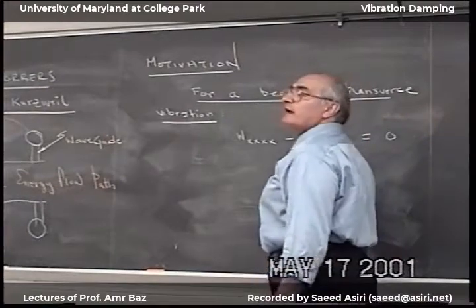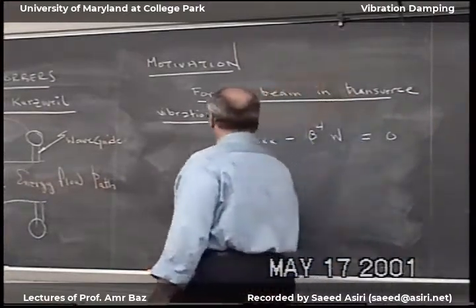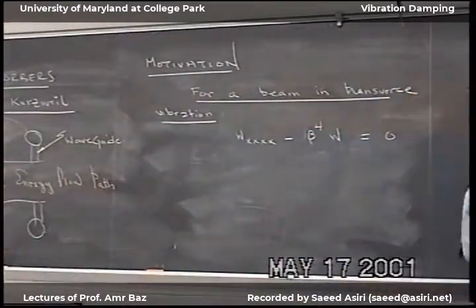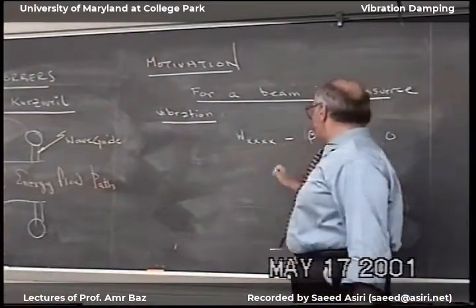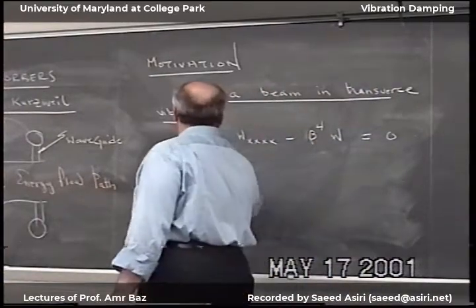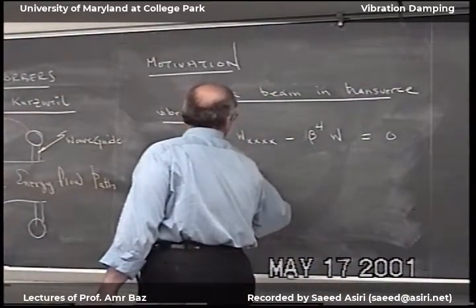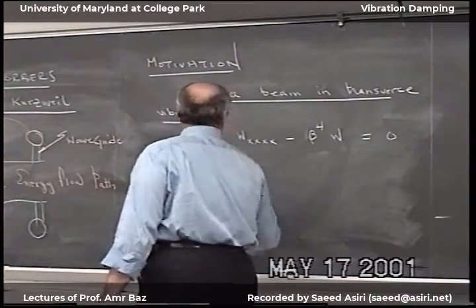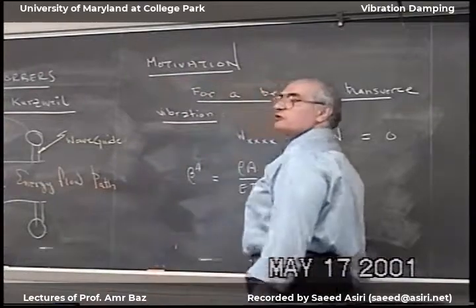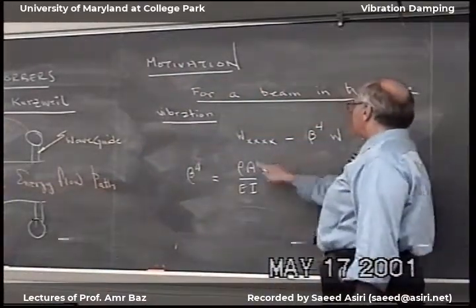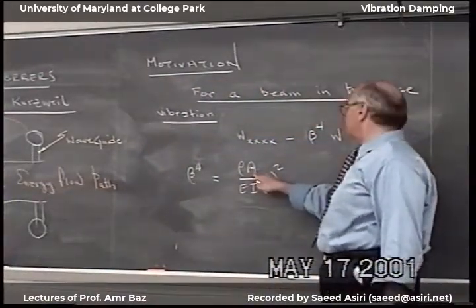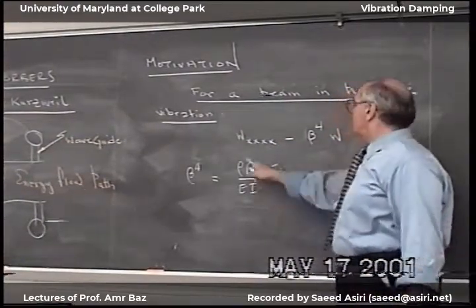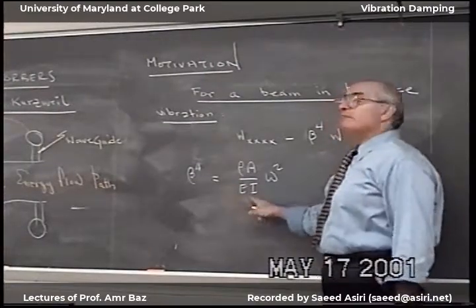And this is, again, the beta is my wave number. And beta to the fourth power will equal rho A divided by E I, times omega squared. So rho A is the mass per unit length, and omega squared is the acceleration term I extract from it, and then I have here the flexural rigidity of the beam, E I.